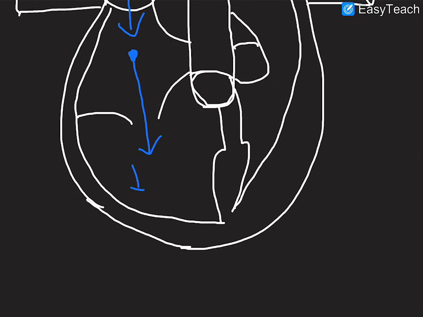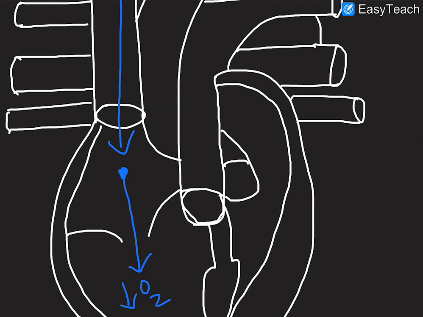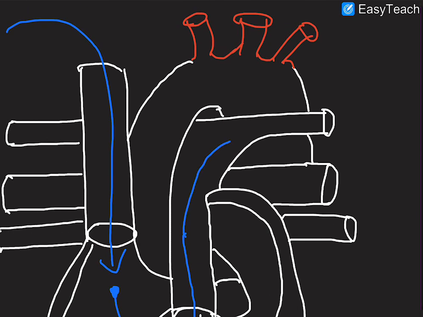Okay, so it's still deoxygenated. Then from the right ventricle, remember, let's draw the valves here. Let's draw the pulmonic valve. It's one of our semilunar valves. From the right ventricle, our deoxygenated blood goes through the pulmonic valve into the pulmonary artery and goes to both of our lungs, right?